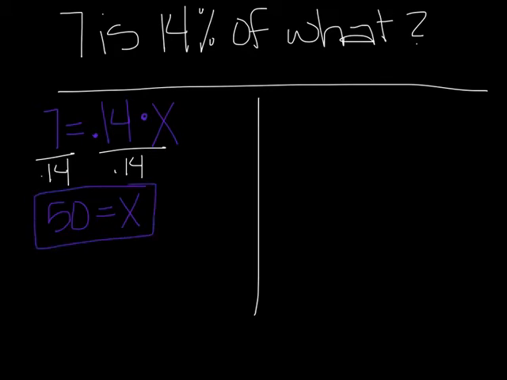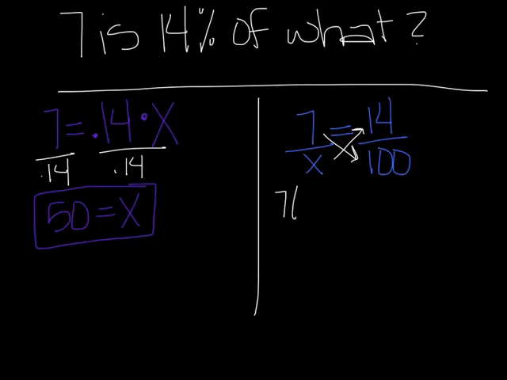So now let's do the same thing using a proportion strategy. So it says that 7 is 14%. Remember, we write percents out of 100. So 14 out of 100 represents 14% of what number? So 7 over x is equal to 14 over 100. So we apply cross product strategy.